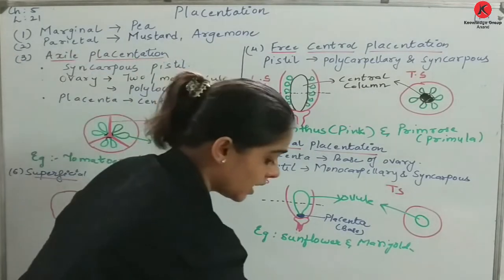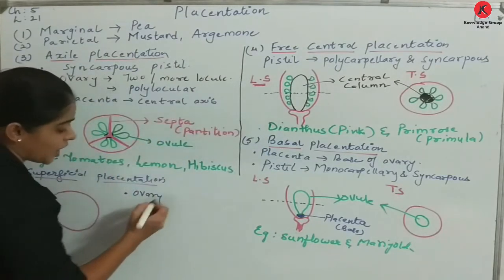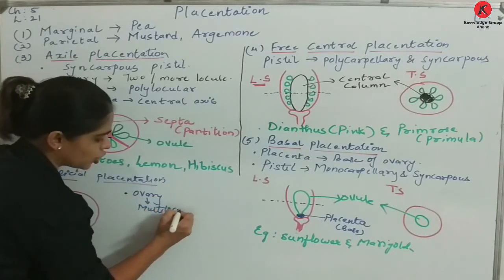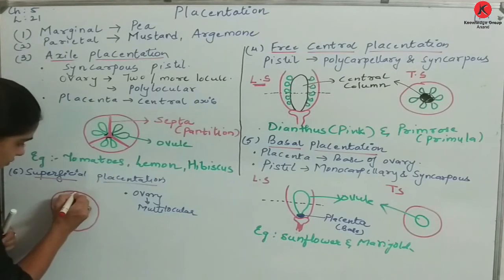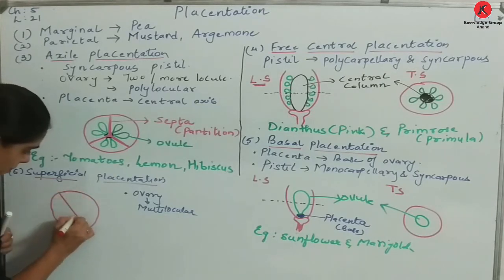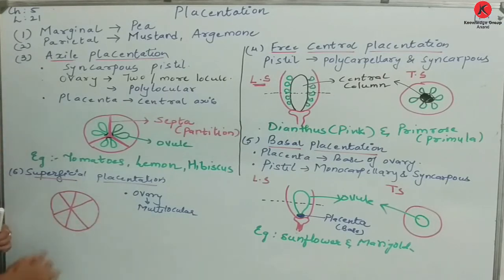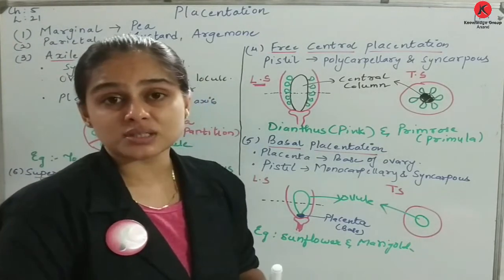Once again, the ovary here is multilocular. The ovary is multilocular, meaning it has more than one compartment. As you can see over here, it has a total of 1, 2, 3, 4, 5 and 6. So it is multilocular.